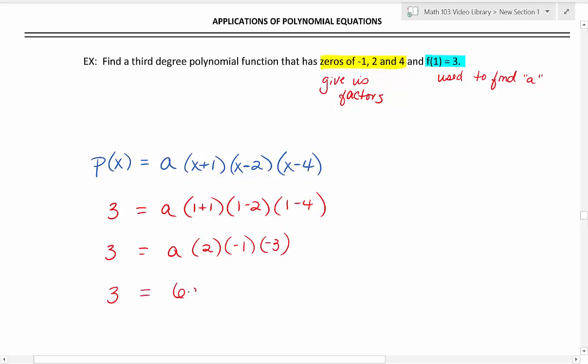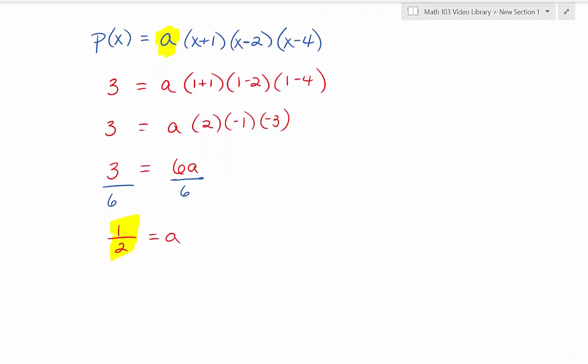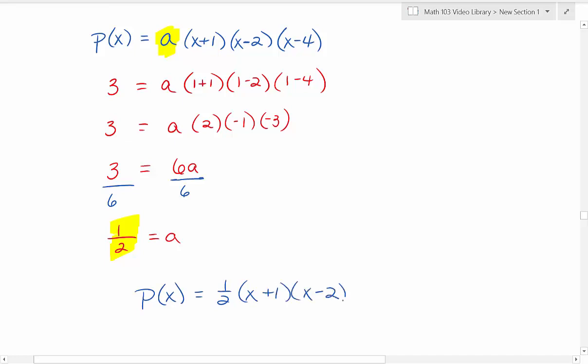That gives us 3 equals 6A. Therefore, A is 1/2. We'll plug 1/2 in here from A, and that'll be our final answer. Our polynomial function is P of x equals 1/2 times x plus 1 times x minus 2 times x minus 4.